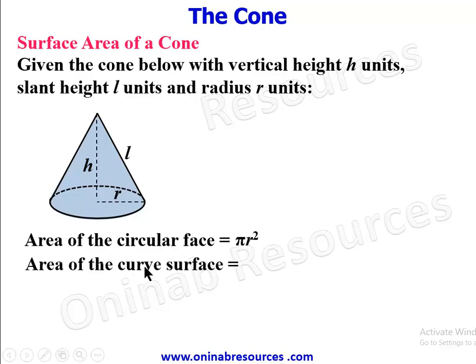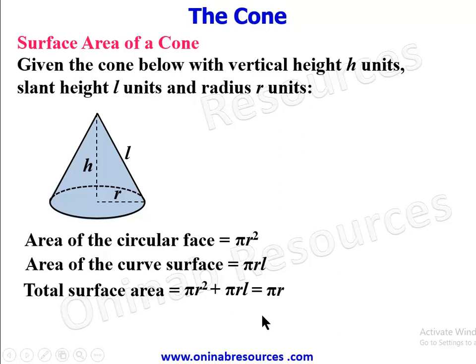And the area of the curved surface is pi r L. The total surface area will be the circular base plus the curved surface, which gives us pi r squared plus pi r L. We can still factorize this since pi r is common, so we have it as pi r into (r plus L). And that is it for the surface area of a cone.